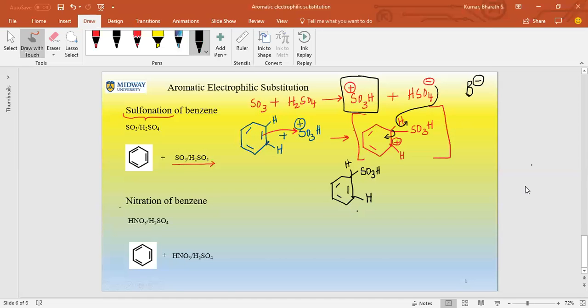The last of the reactions is nitration of benzene. This is clearly indicated by concentrated nitric acid and sulfuric acid.